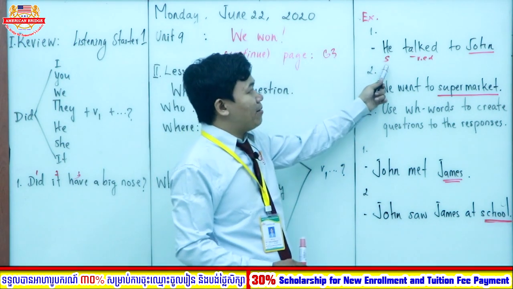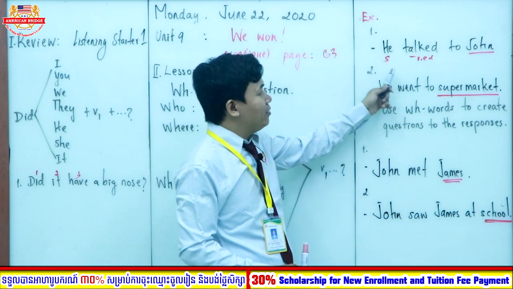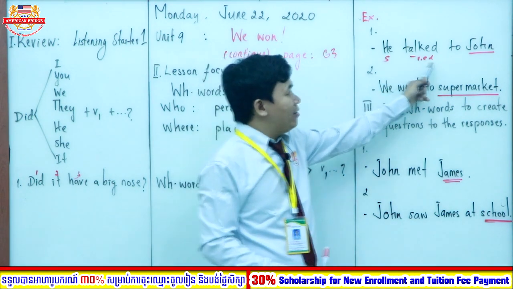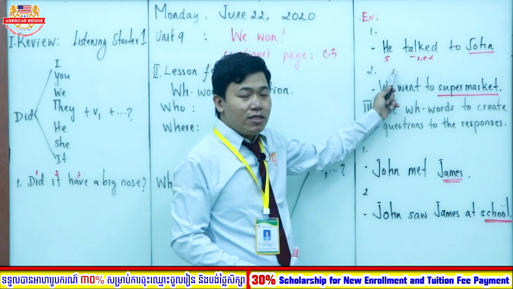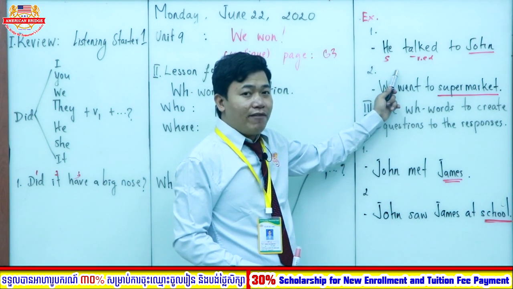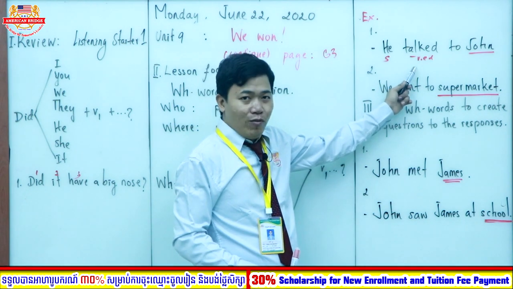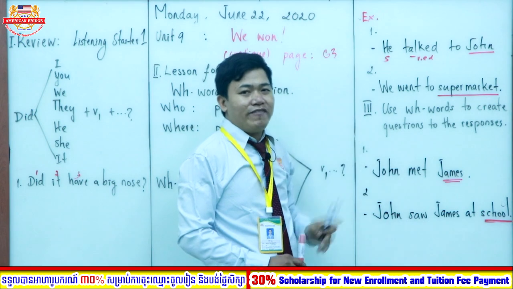This is the example that I have provided to you all. Subject plus verb plus ed. What is it called, everyone? Affirmative sentence, right? Subject plus verb plus ed, we call it an affirmative sentence.